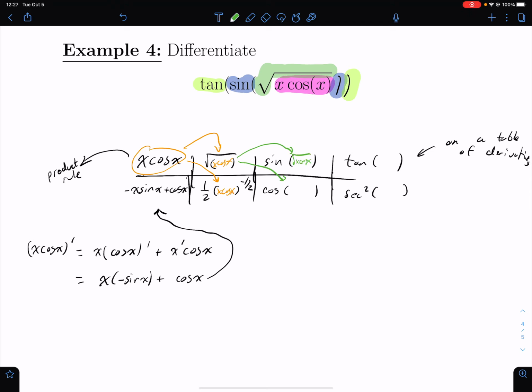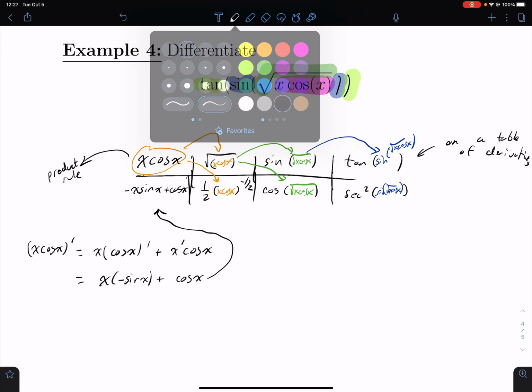That's what goes here too. Root x cosine x. Then the thing that will go here is sine of square root of x cosine x and sine of square root of x cosine x. Written in tiny cramped handwriting because I didn't give myself enough space.